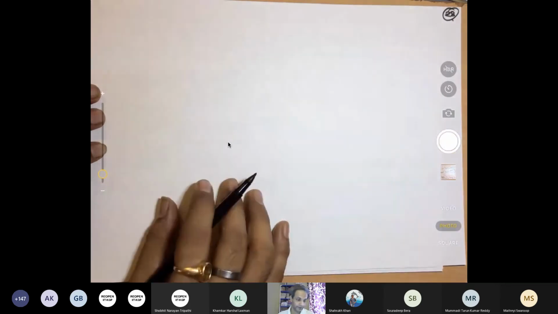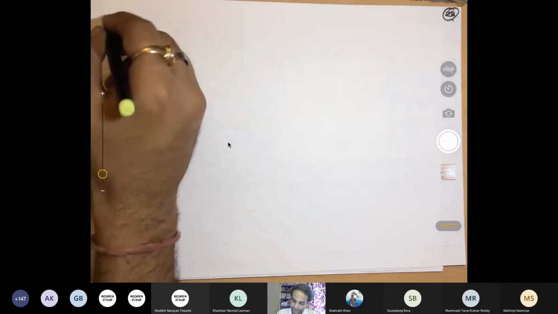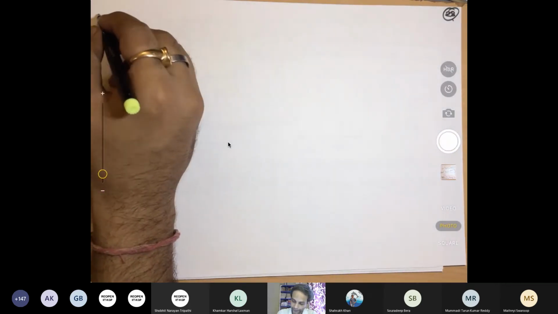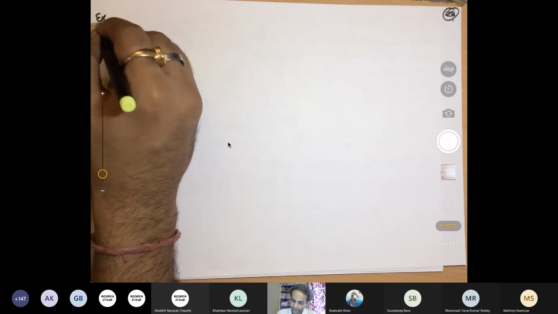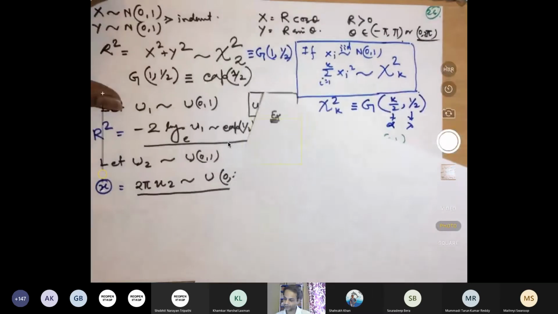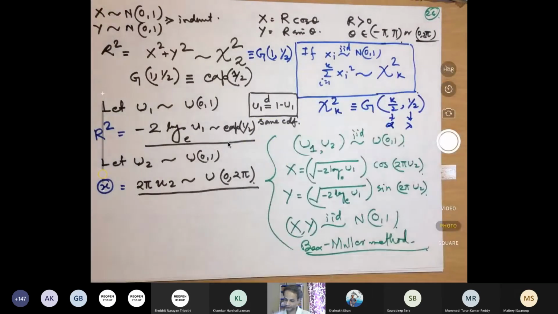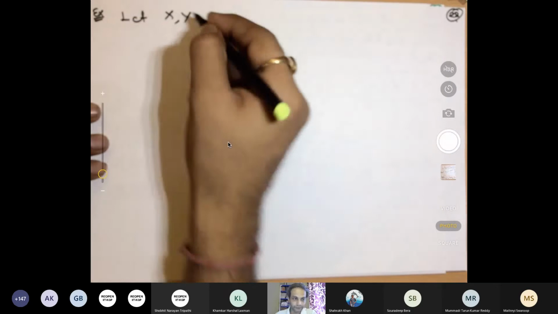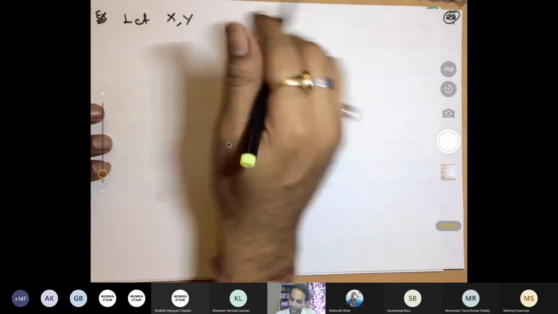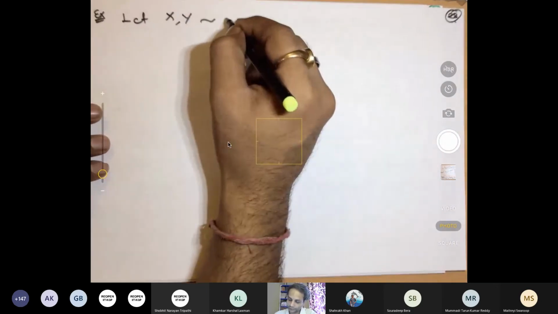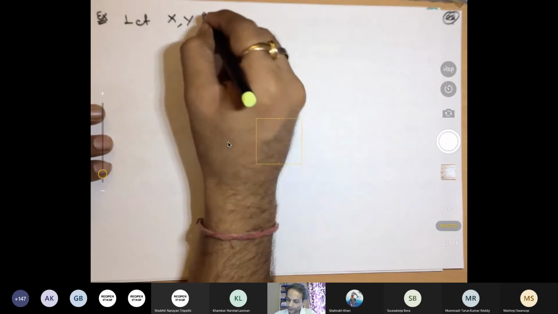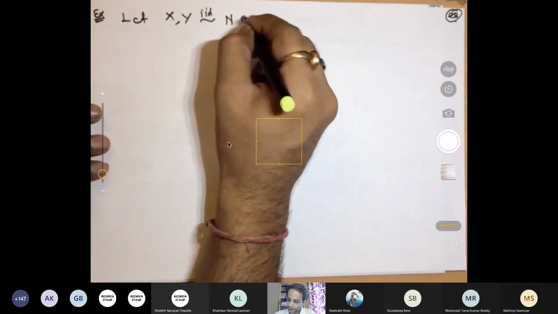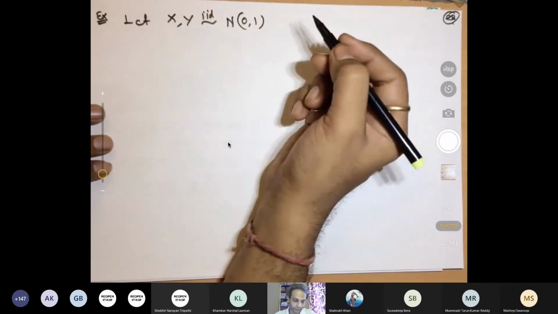Example 27. Let x and y follow IID normal 0, 1.